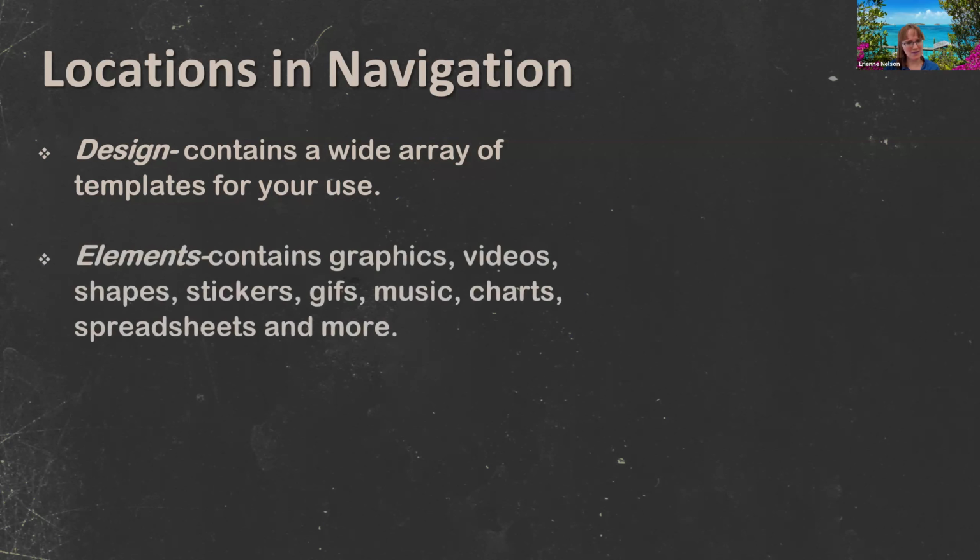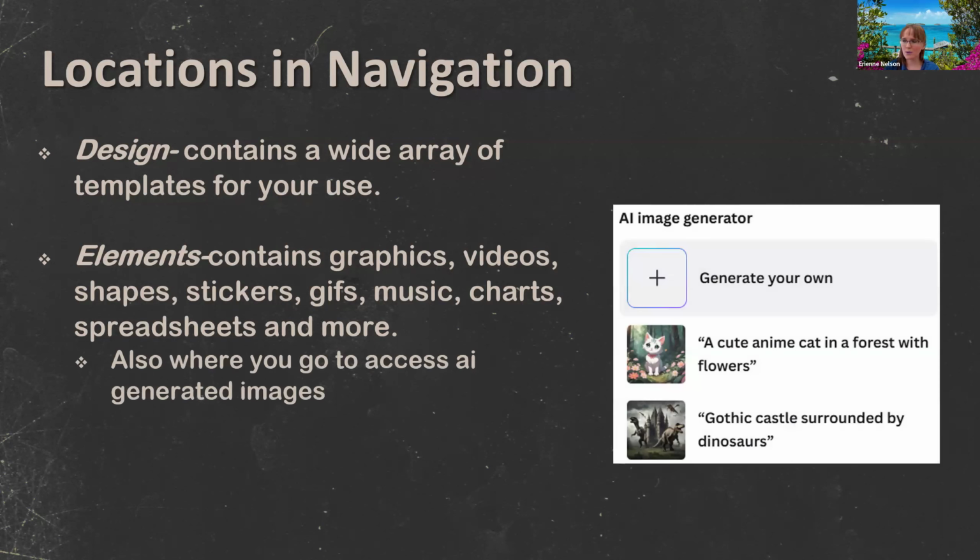There are many other sections, but the other one that I want to focus on and highlight is elements, which contains our graphics, videos, shapes, stickers, GIFs, music, charts, spreadsheets, and more. They have so many different things available to you. This is also where you go for those of you who are curious about using AI. If you scroll through this area, this is where you'll find the AI image generator.